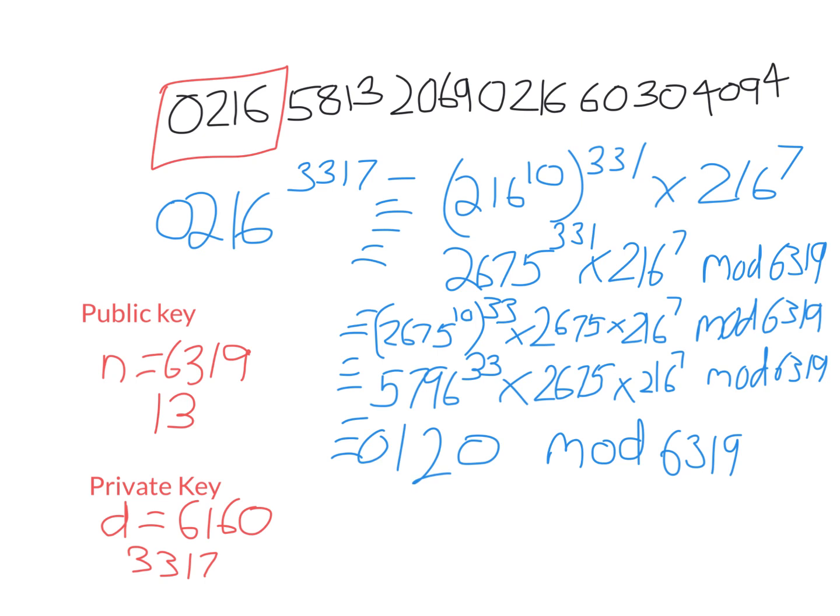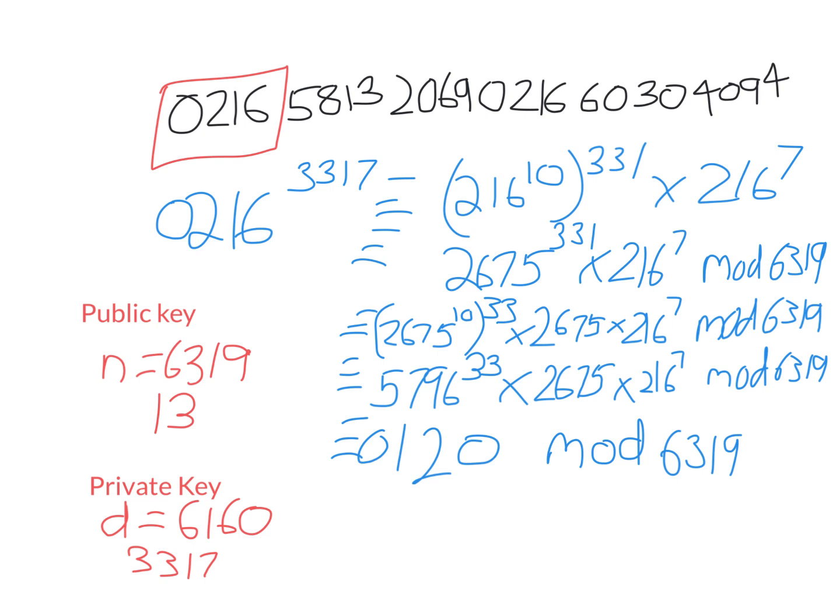We couldn't know what d was, what phi n was, without being able to factorize 6319. Factoring 6319 would be an easy job for any computer. But computers use semi-primes for n that are hundreds of digits long, and they take way too long for a computer to factor.